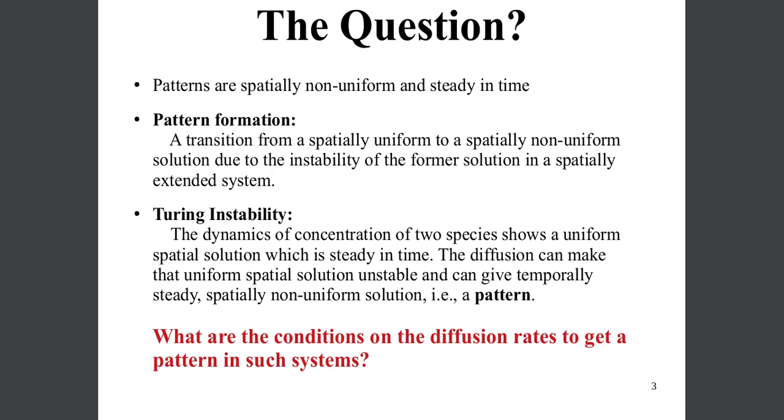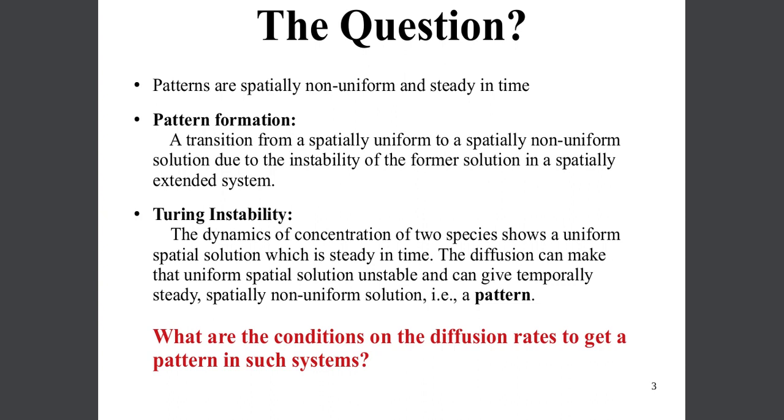And what is pattern formation? Pattern formation is the transition from a spatially uniform to a spatially non-uniform solution due to instability. Instability of what? Instability of the former solution, that is the spatially uniform solution.